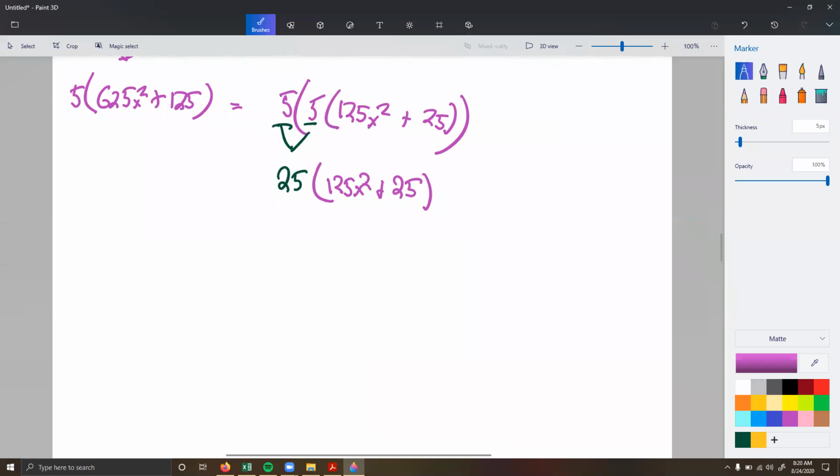Okay, so I want to do something just a bit more complicated now. So there's a special rule, and it's so special I'm going to write it in red. Difference of perfect squares.